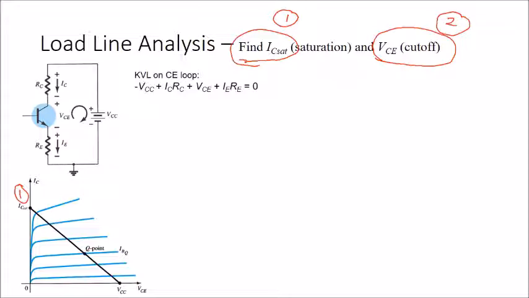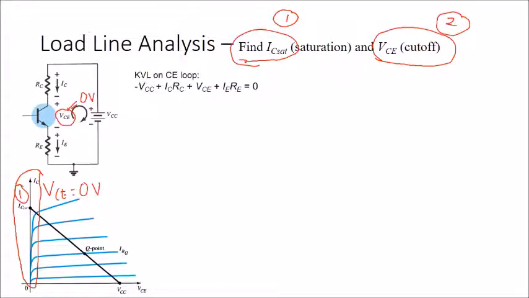IC saturation. From here, what information can we derive? We know the value of VCE. During IC saturation, the value of VCE is equal to 0 volt. So from the circuit, we know here is 0.